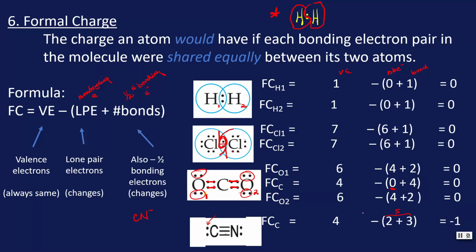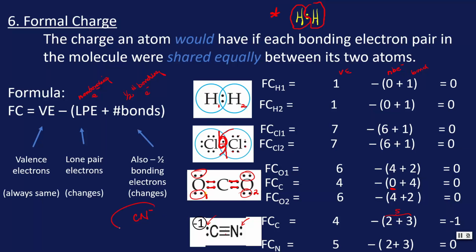Okay. How about nitrogen? The formal charge on the nitrogen. Nitrogen has 5 valence electrons, minus it has 2 non-bonding and 3 bonds. So it has no charge. So the formal charge here is on carbon, and it has a -1 formal charge.